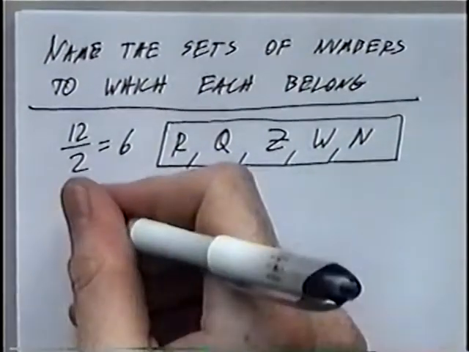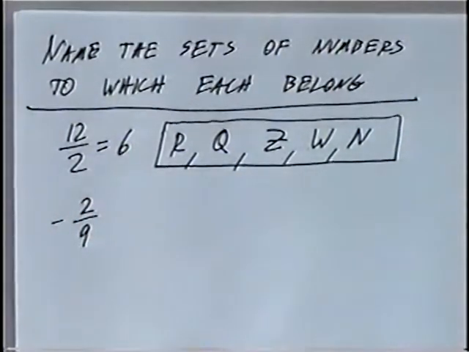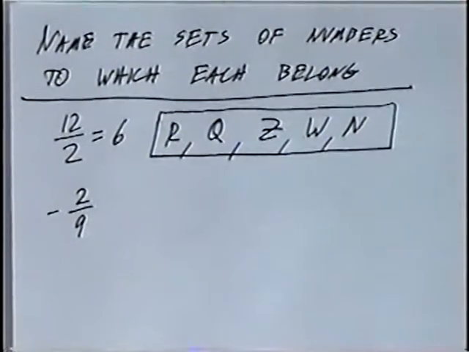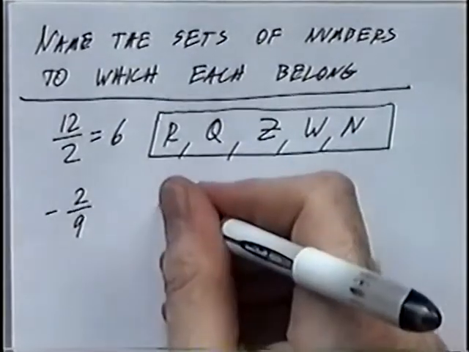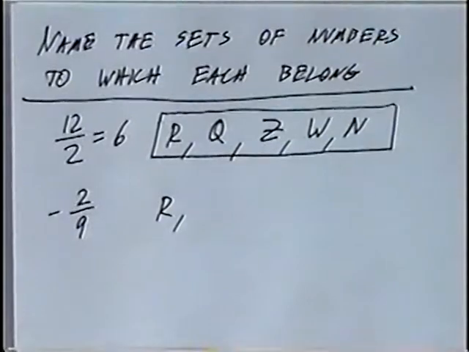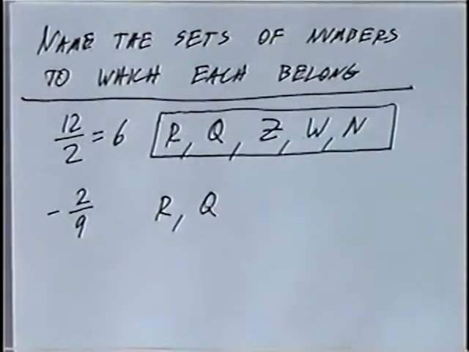Second number we'll look at is the fraction negative 2 over 9. Again, we'll take this number, go through all 6 sets of numbers, and see which it belongs to. It is a real number. Negative 2 over 9 is also rational because it is a fraction, could be positive or negative.